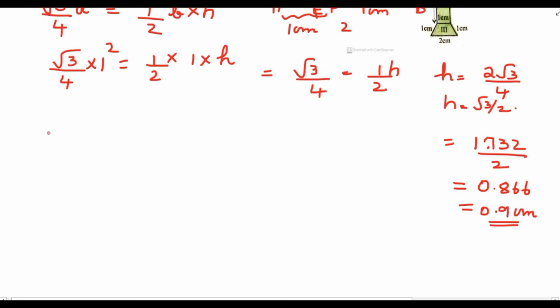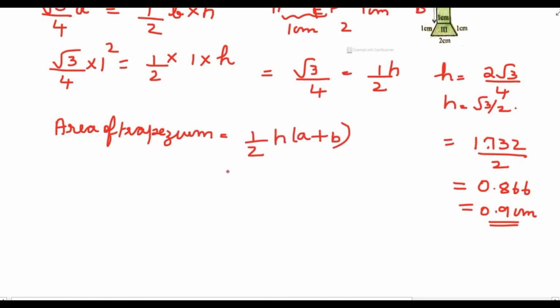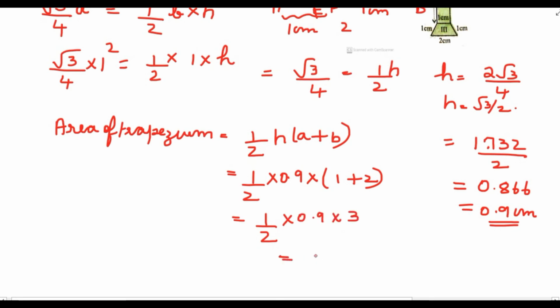Now we will substitute in the formula for the area of the trapezium. Area of trapezium is equal to half h into a plus b, half into 0.9 into 1 plus 2, which is half into 0.9 into 3, approximately 1.4 centimeter square.